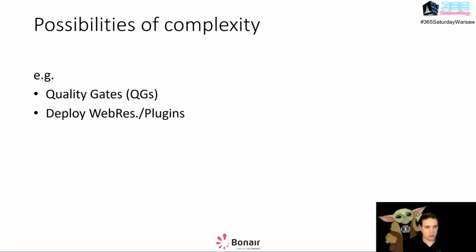We could deploy web resources and plugins automatically. We all know that if we develop something, mainly web resources, we have some debugs in our TypeScript or JavaScript, for example. We test stuff, we deploy it several times maybe. But if we want to create an export which should be moved to test, we really want to have those files and those versions we have in source control.